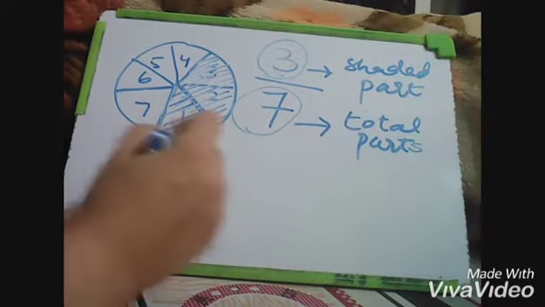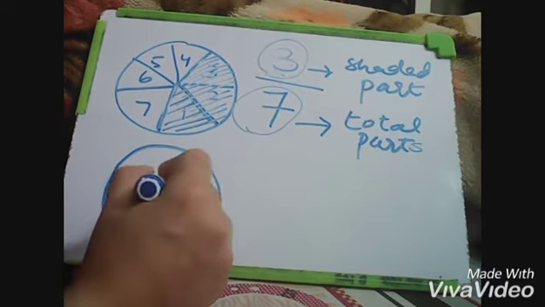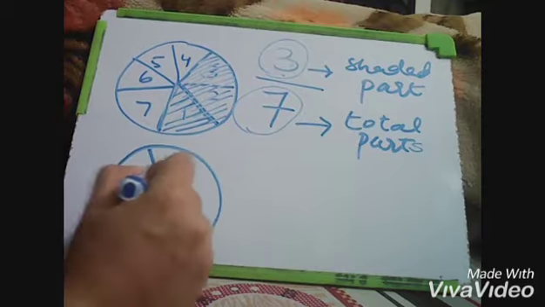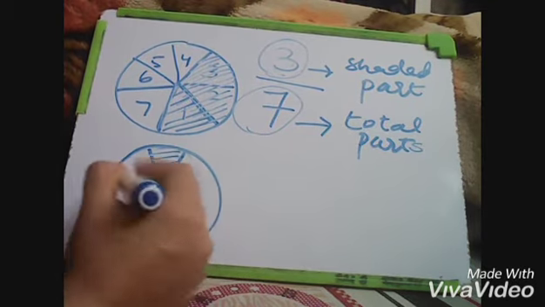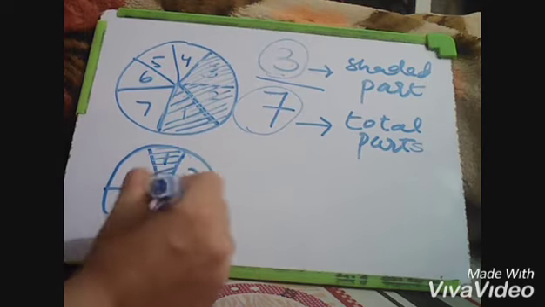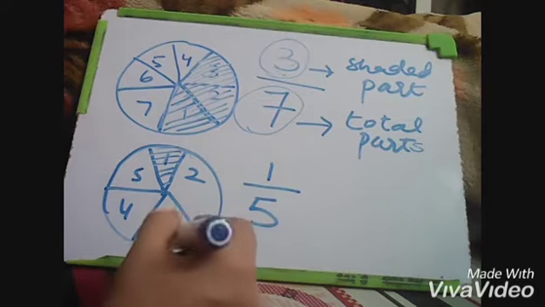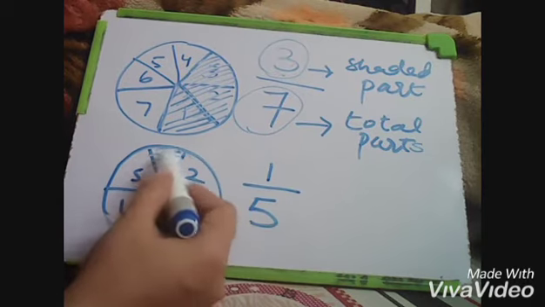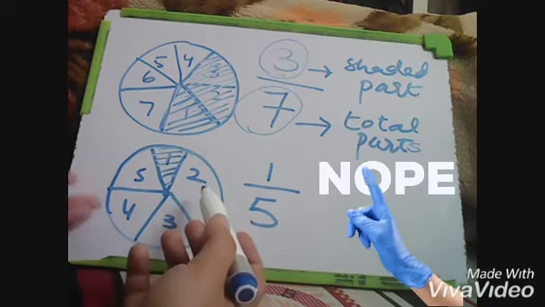Now if I make another pie and I divide this into parts as well, and I shade this one part, so that means 1, 2, 3, 4, 5. This becomes 1 over 5, right? Since this is the one part that is shaded and total parts are 5. But no, this cannot be true.